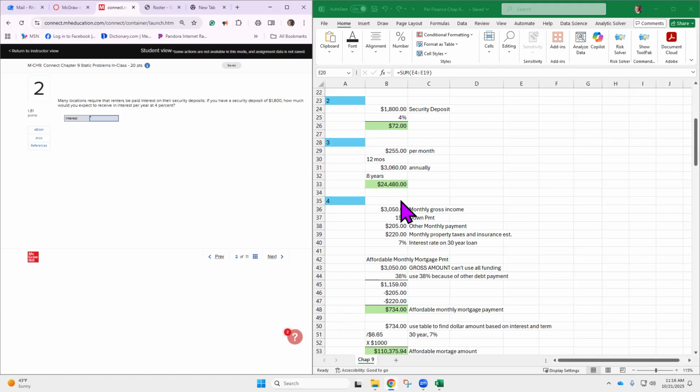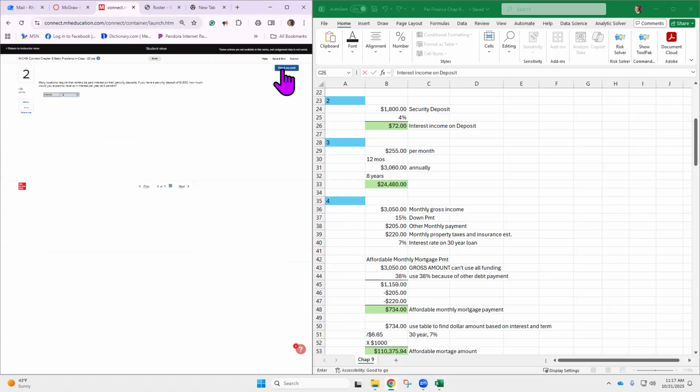So you would earn $72 in interest on that deposit. So let me put that here: interest income on deposit. But that would be up to the landlord to put it in an account, to put it somewhere that earned some interest.